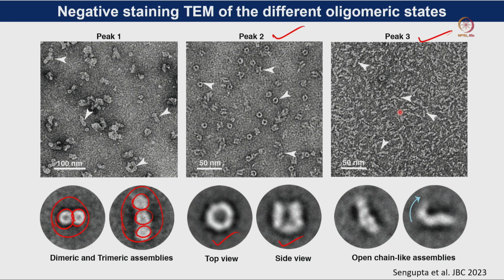So from this negative staining, when you do some biochemical tests, such as SDS-PAGE, native PAGE and SEC, and then perform all this negative staining study, you can isolate different types of populations and actually visualize those oligomerizations. In some cases it is forming a higher order oligomer, in some cases just a hexamer, and in some cases just a monomer. So you can segregate them clearly, and not only that, you can see the shape of the monomer.